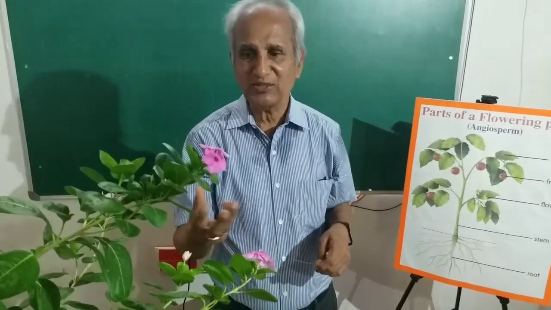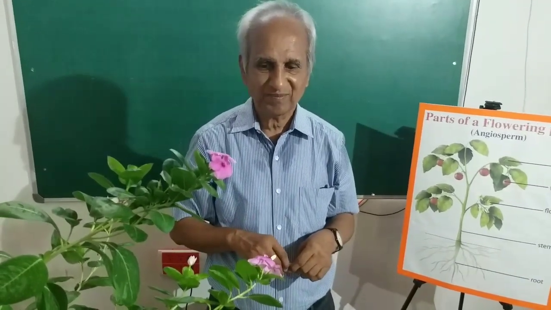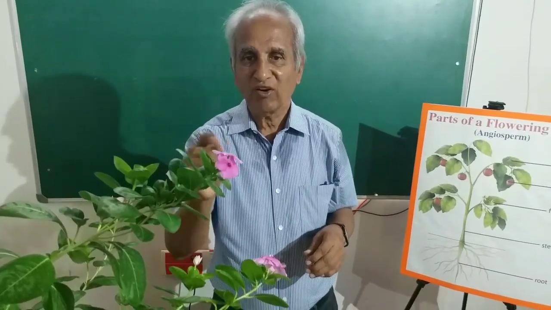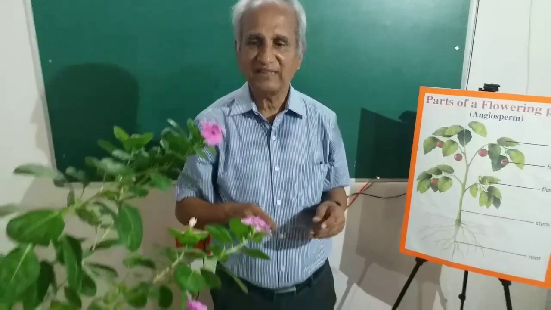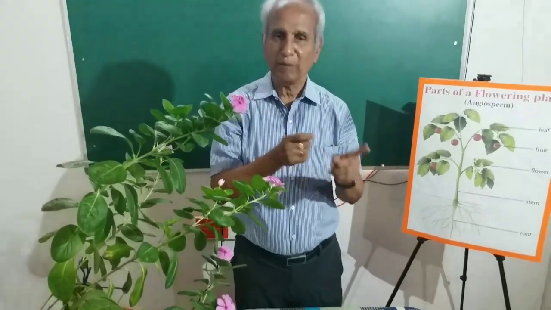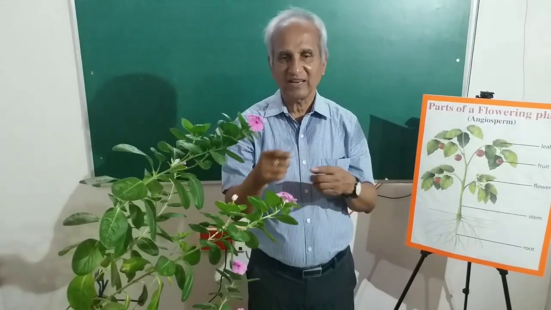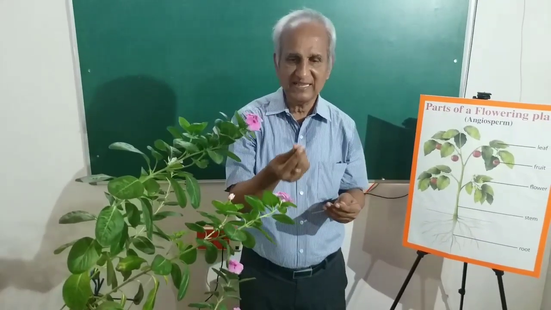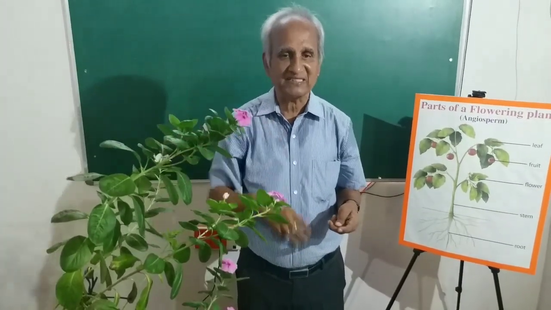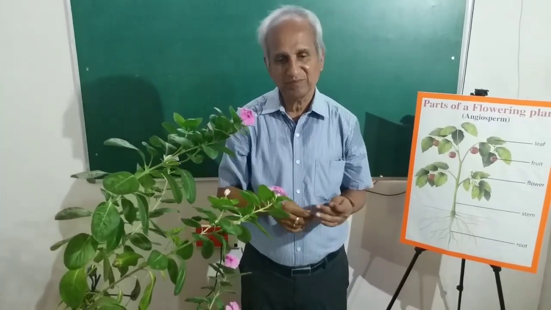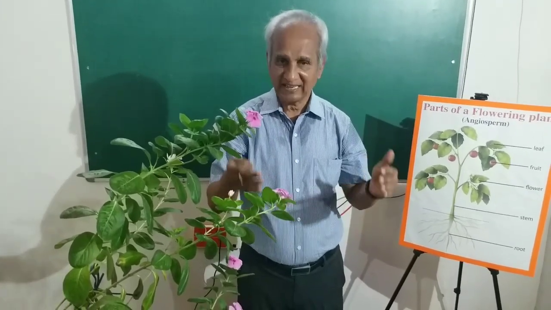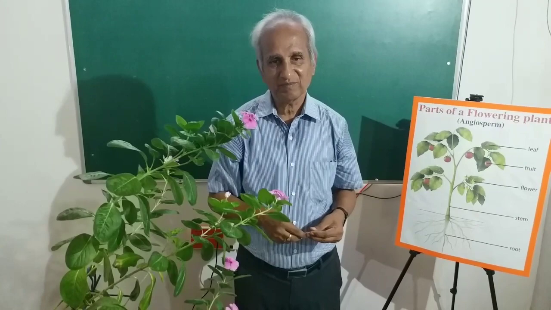To produce seeds, you need flowers. So, flowers get produced on the plant, and these flowers will have male parts and female parts. Pollination takes place, then fertilization, the seeds get produced, the seeds get dispersed, and new plants emerge. This is how they sustain their kind on the planet.